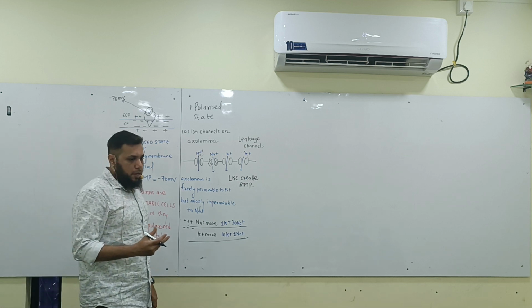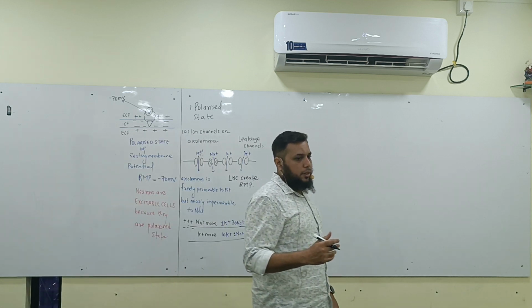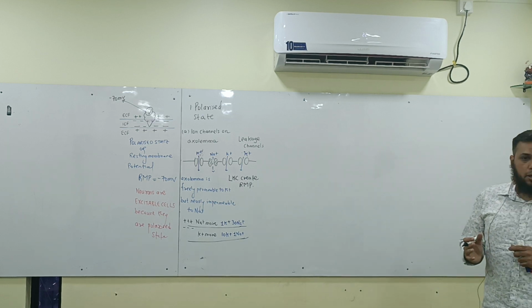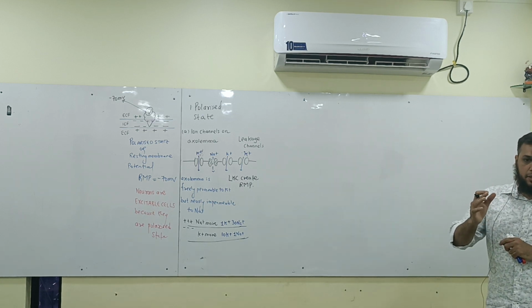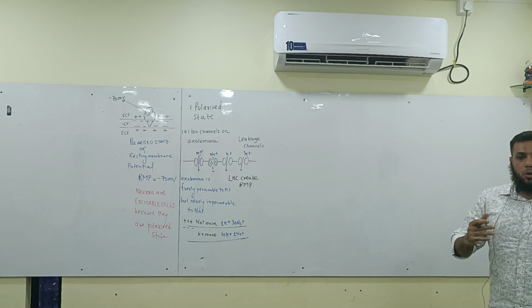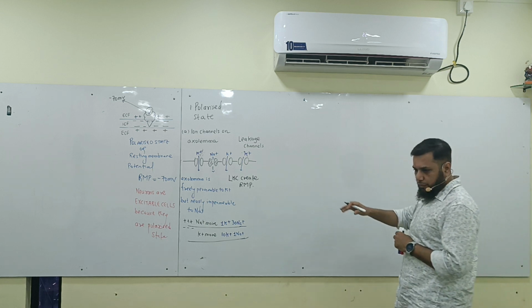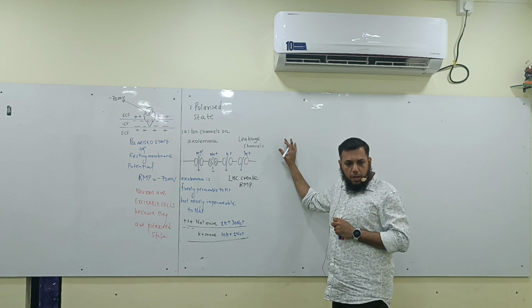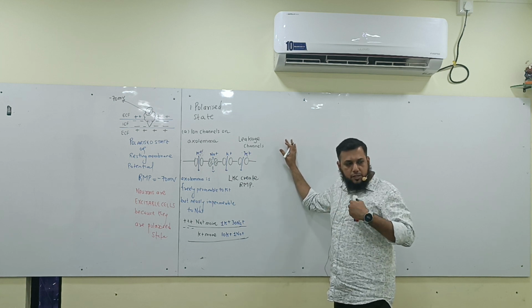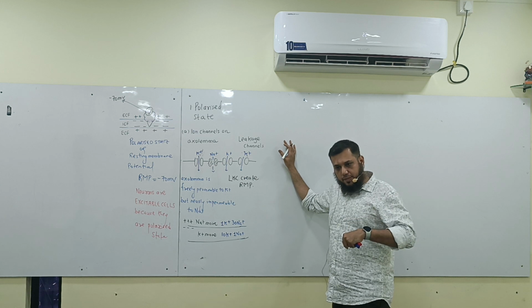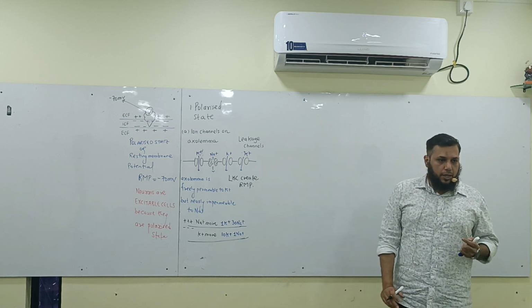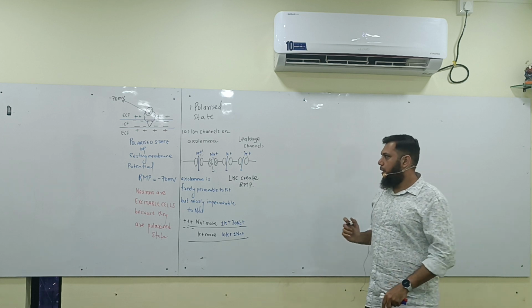So your neuron is already at which state? Polarized state of minus 70 millivolts because of the presence of leakage channels of K plus and Na plus, where Na plus outside is much more than K plus inside. So outside becomes electropositive and inside becomes electronegative.